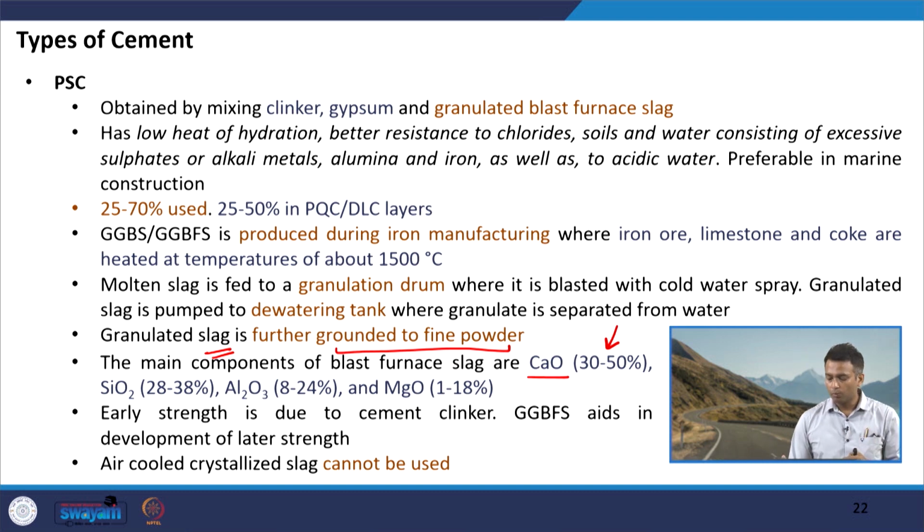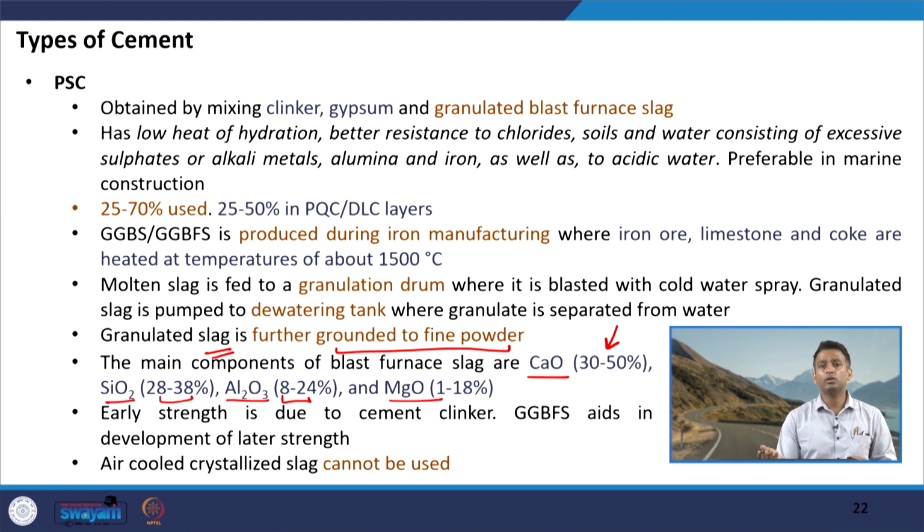So, it may not be a true pozzolana, but yes, it is a pozzolana because further reaction has to be initiated where silica and alumina will react with the hydrated product of cement and then form more cementing gels in the mixture. It consists of silica, which ranges from 28 to 38%, alumina typically 8 to 24%, and also magnesium oxide, the range of which is between 1 to 18%.